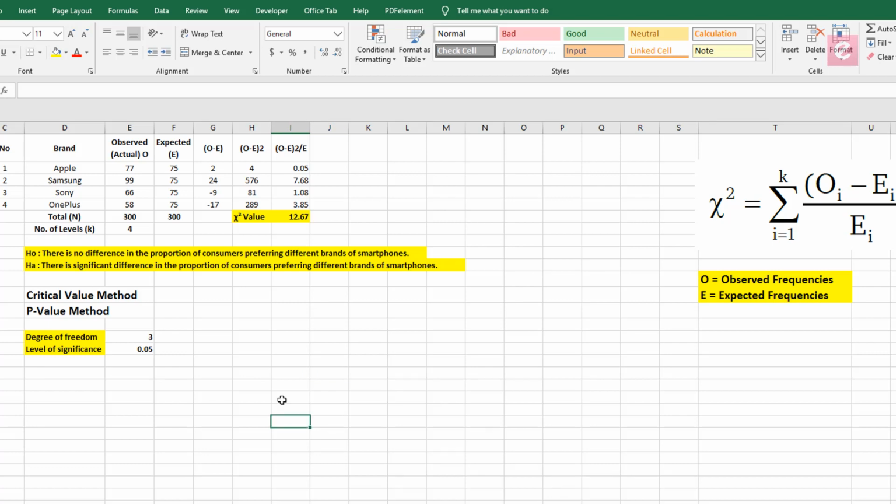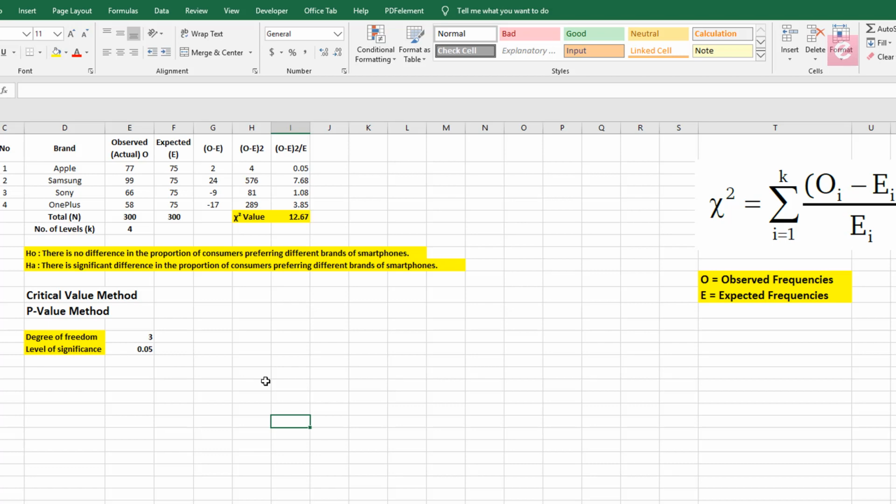The commonly used level is 0.05, meaning a 5% chance of not being true, that is, 95% of our study is going to be true. Here the degree of freedom is 3 and the level of significance is 0.05.